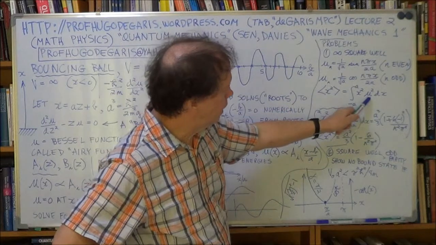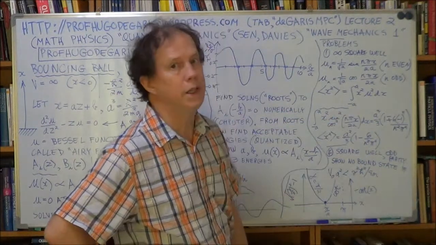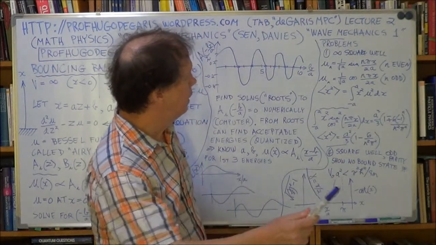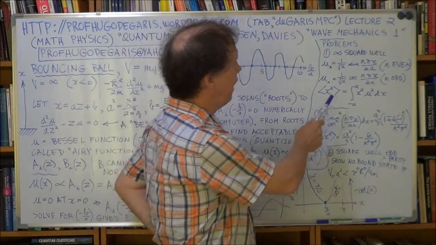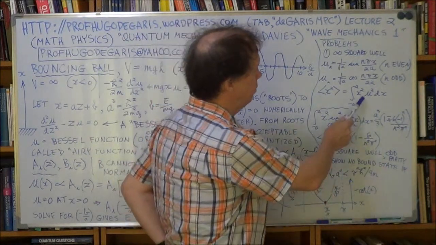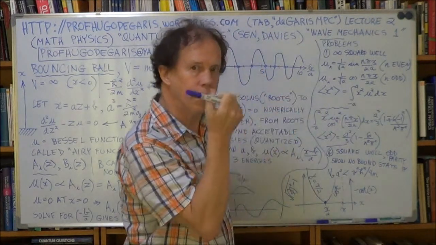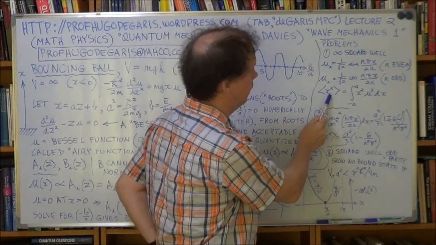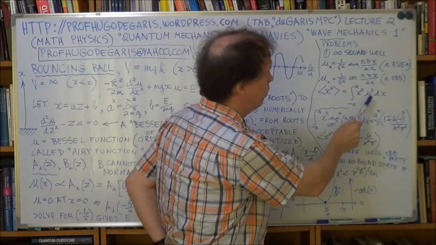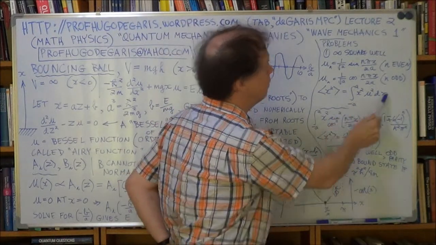This u squared here, remember from Born, that is the probability density. Right? Now, can you see that if you want to find the average value of x squared, you integrate the value you're trying to find the average of, in this case x squared, times the probability density dx. This is from statistics.